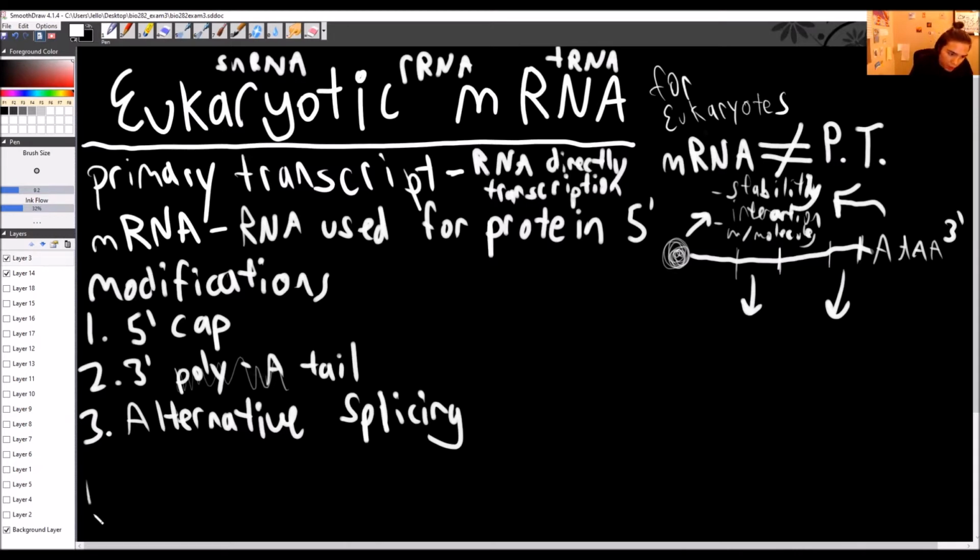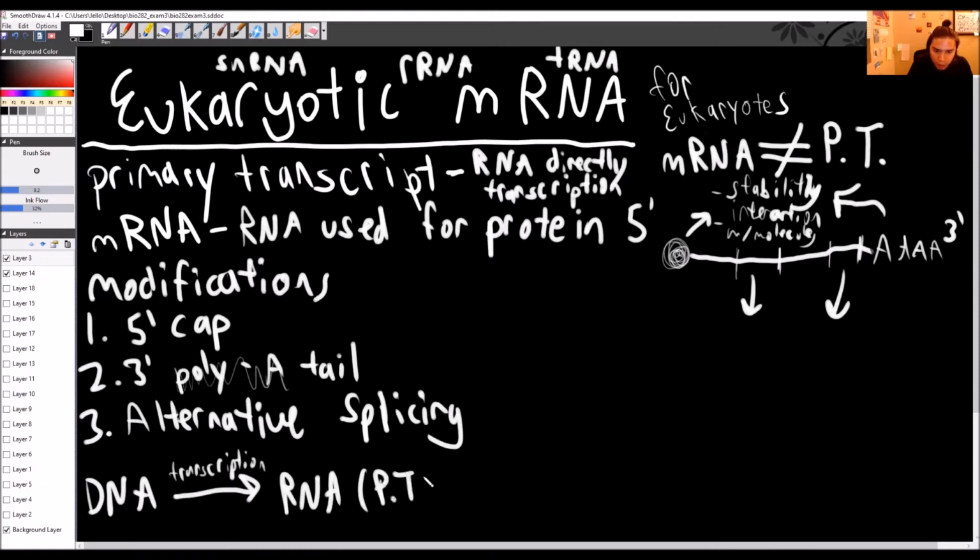But to summarize, we had our DNA, right? Our promoter indicated what section of the DNA we should transcribe. And in the process of transcription, we made RNA, but this is our primary transcript. And we're talking about the path to produce a protein, so this is an mRNA we're talking about.